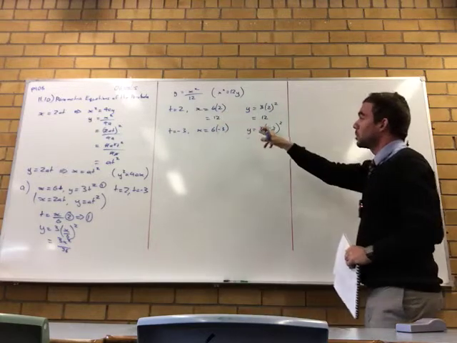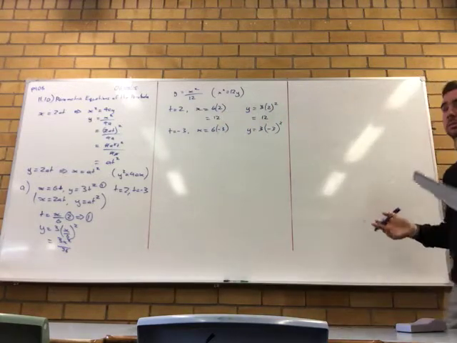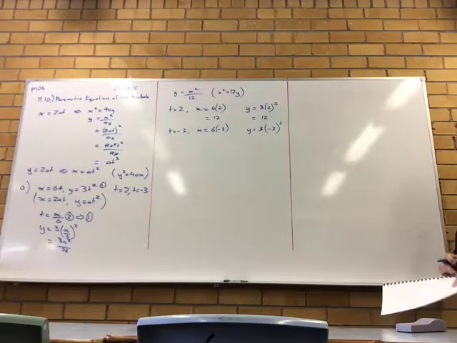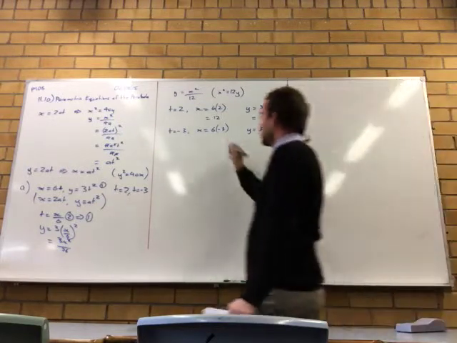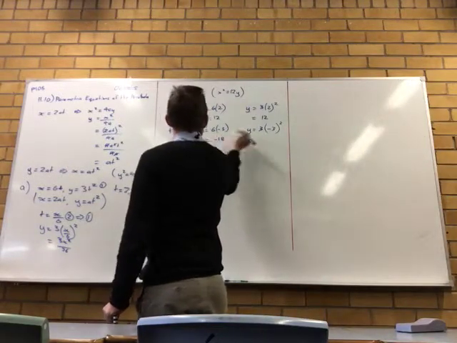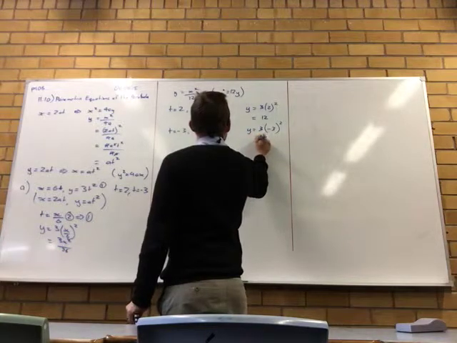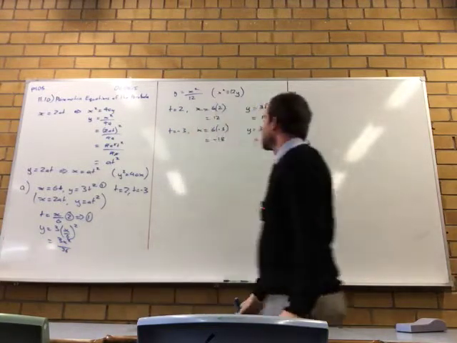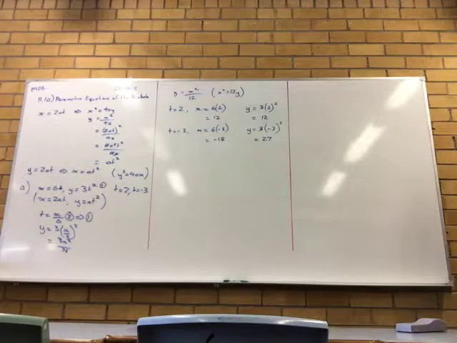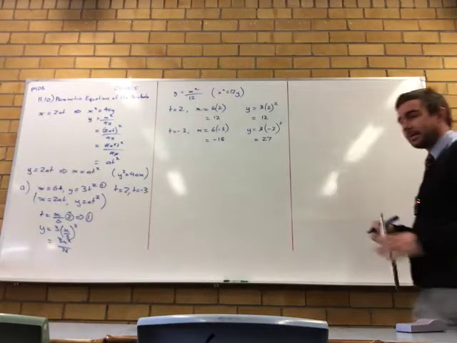Don't forget when we're substituting a negative number in, we need the brackets. Okay, -18, 27 is also another point on that parabola. Right, we're good? Yep.